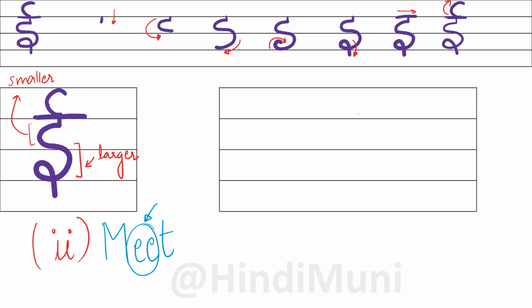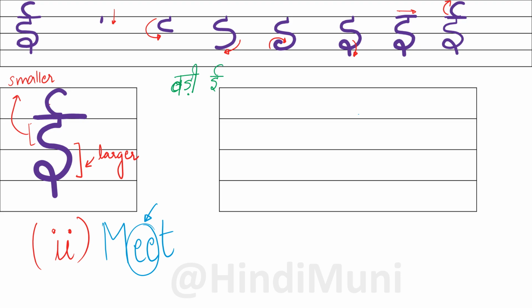So this is called Badi E, which basically means bigger E. Just excuse my handwriting for a bit.